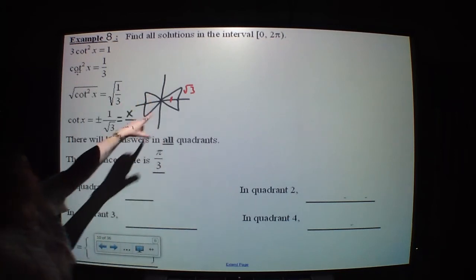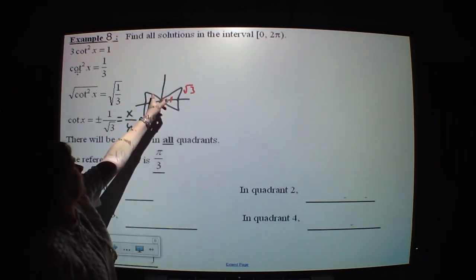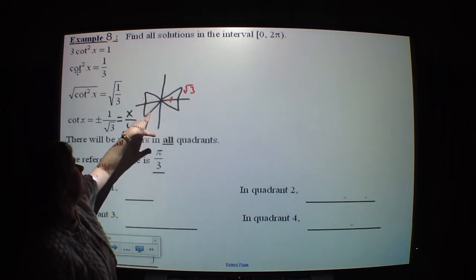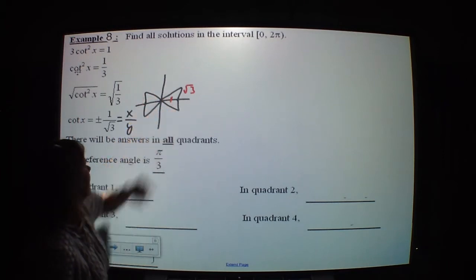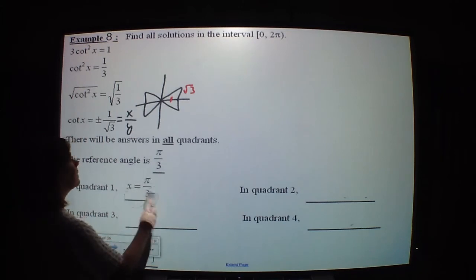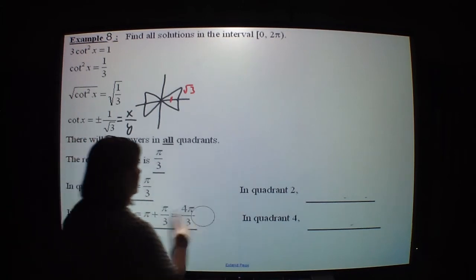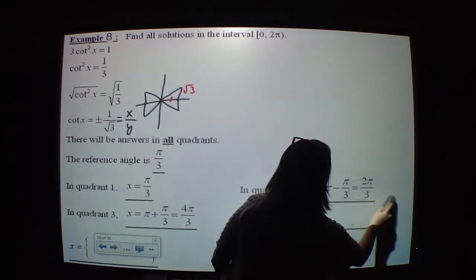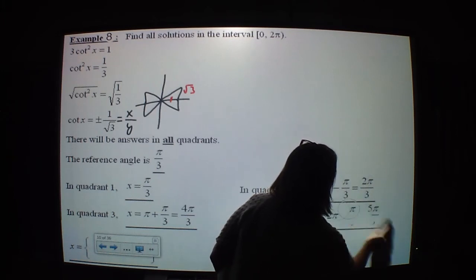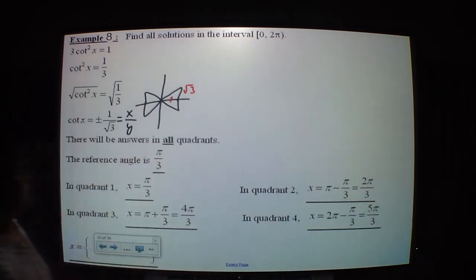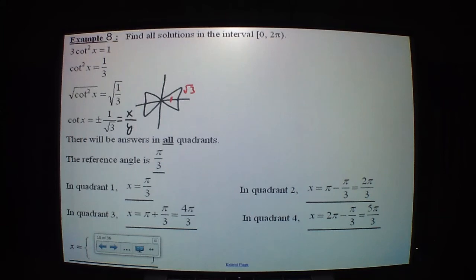So in the first quadrant, it's pi over 3. Second quadrant, 2 pi over 3. 4 pi over 3. And 5 pi over 3.